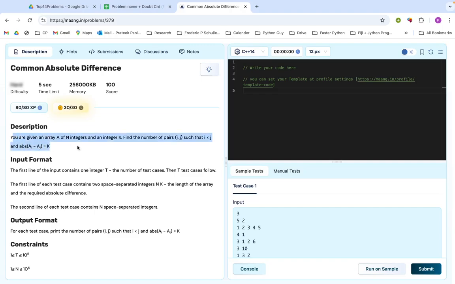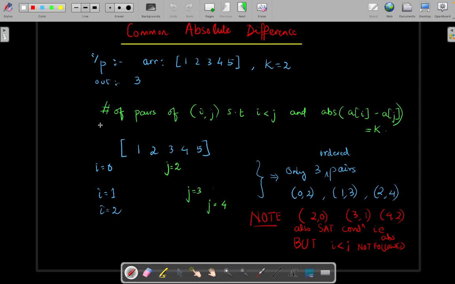That's the condition. Let's look at the problem statement from a clearer angle, taking an example where the array is 1, 2, 3, 4, 5, and k is given as 2.